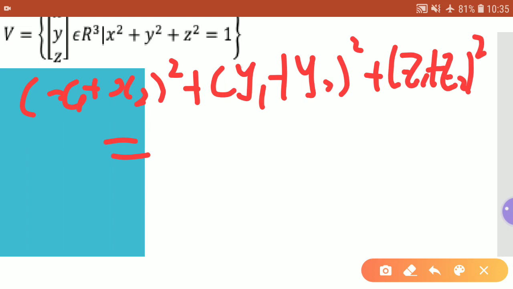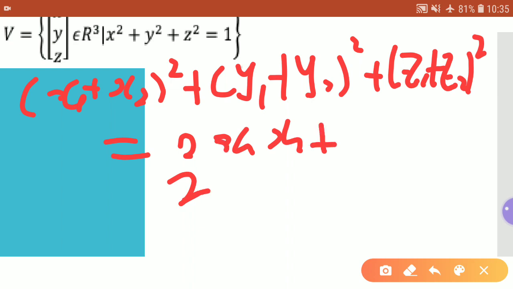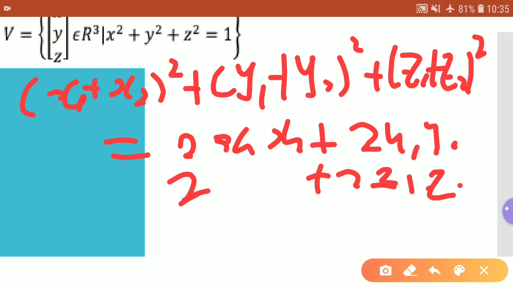Otherwise it will not be a member of V. If you expand this bracket, you will find terms of the type x1², y1², z1², x2², y2², z2². But x1² + y1² + z1² is already 1, and if you add x2² + y2² + z2², you get 1 + 1 = 2, and the other terms will be 2x1x2, 2y1y2, 2z1z2.